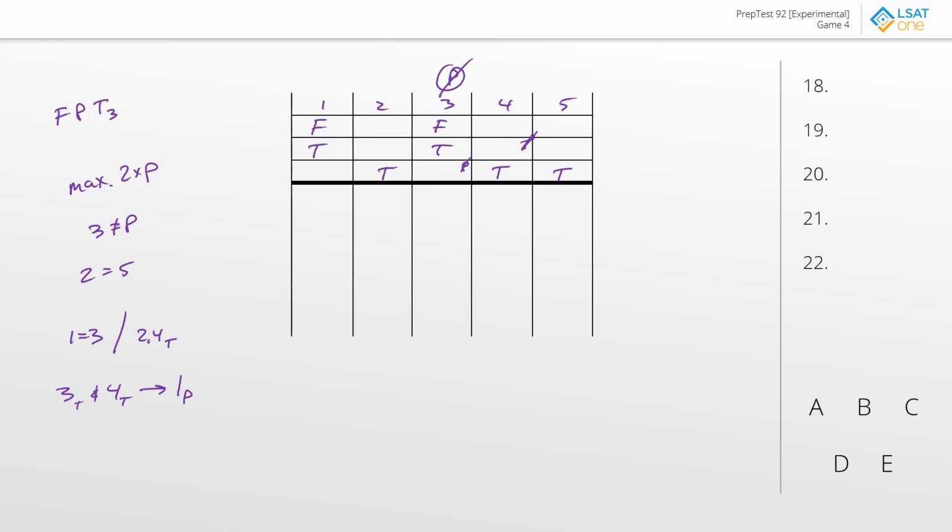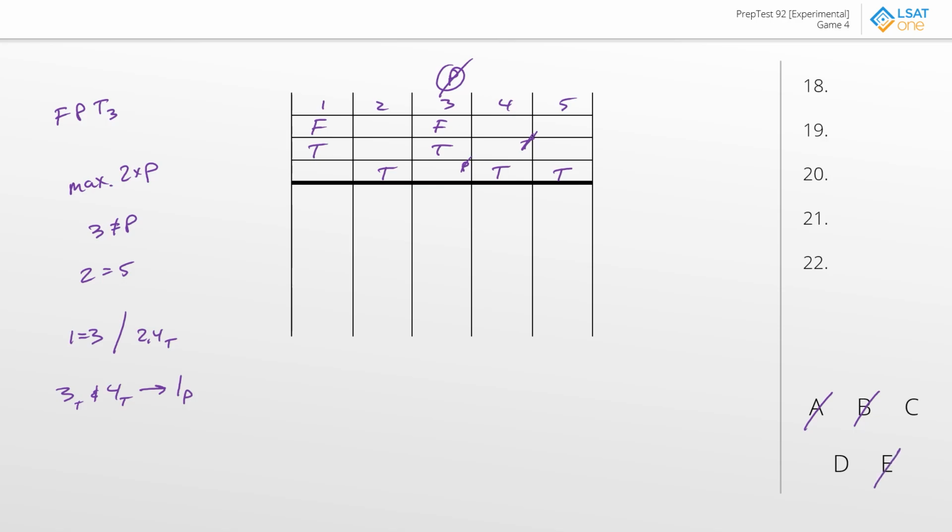Question number 18, which of the following could be a complete setup 1 through 5? So for these questions, we always go by the original rules. First rule, max 2 pillboxes. Going through the answer choices, A looks okay, B has 3 of them, so that's not cool. C, D, and E are all good on that. Next, 3 is not a pillbox, and A is in violation of that, so we can get rid of that. Next, 2 is the same as 5, so C, they're the same, D, they're the same, E, they are different.